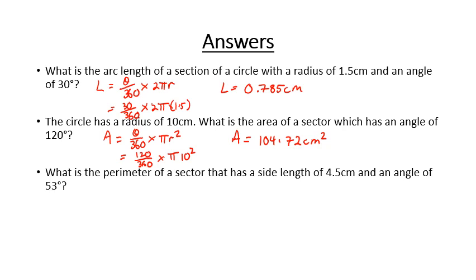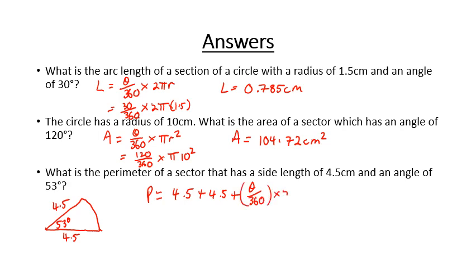And the last question says, what is the perimeter of a sector that has a side length of 4.5 and an angle of 53? So again, it's going to look like this: 4.5, 4.5, angle of 53 degrees. Our perimeter is going to be 4.5 plus 4.5 plus the arc length. Alright, and the arc length is theta over 360 multiplied by 2 pi r. So this is going to be 9 plus 53 over 360 times 2 times pi times 4.5.